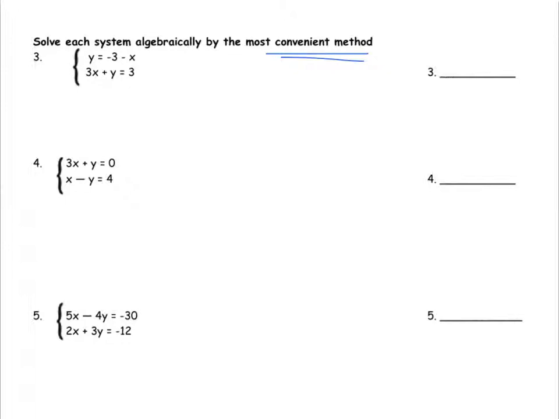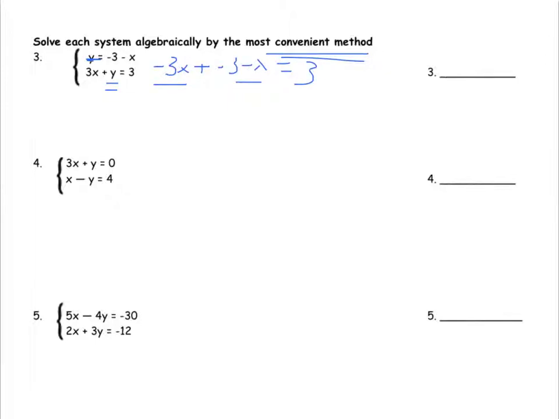For 3, because y was already solved, substitution was the best because we know y equals negative 3 minus x. So I could just do negative 3x plus, but instead of this y, put what it equals, minus 3 minus x equals 3. So now I can combine my like terms.